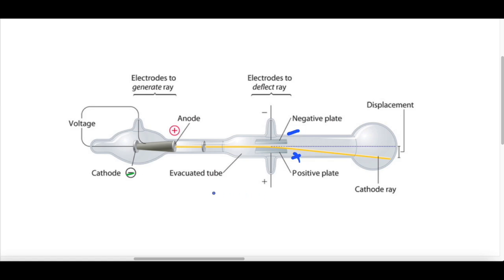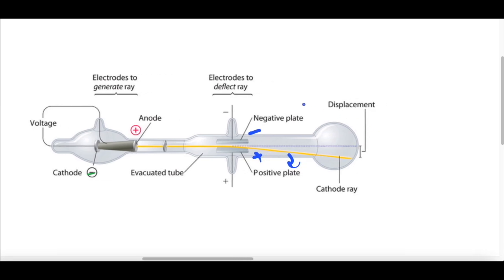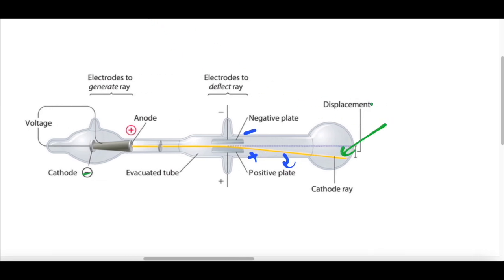So what could be observed from this experiment is that this form of energy, when it arrived between the two plates, was deflected downward. So now we could conclude that this form of energy, or this light, is composed of charged particles.